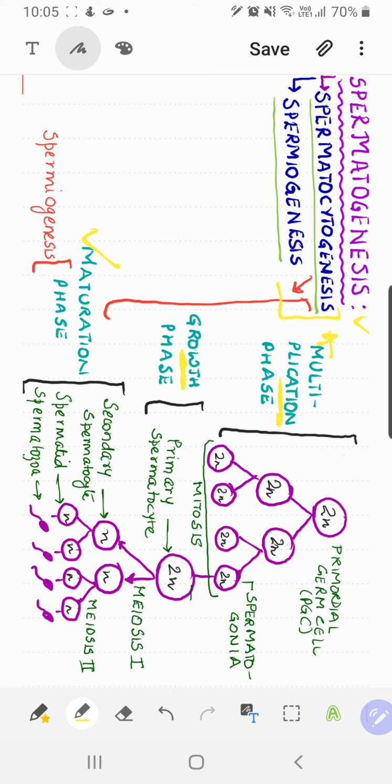They are quite confusing. You have to understand that the multiplication phase, growth phase, and maturation phase, these three phases are common while learning about spermatogenesis and oogenesis.